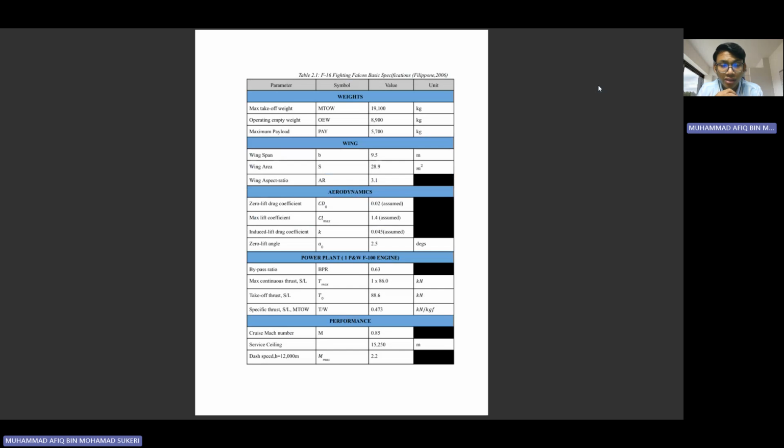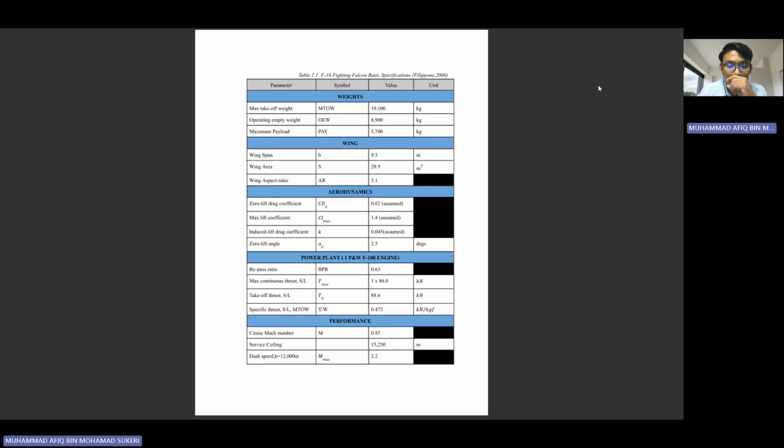Some important parameters are the maximum takeoff weight, the wingspan, the wing area, and the aspect ratio. Talking about aerodynamics, CD, CL, and K are assumed values taken from reliable sources on the internet, and there are also the power plant and performance parameters as well.